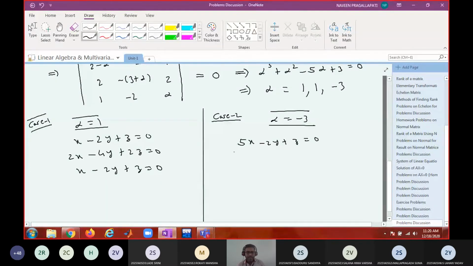Next, 2x plus 2z equal to 0. Next, x minus 2y minus 3z. Okay. So solve these two systems of linear equations separately. That will complete your answer.